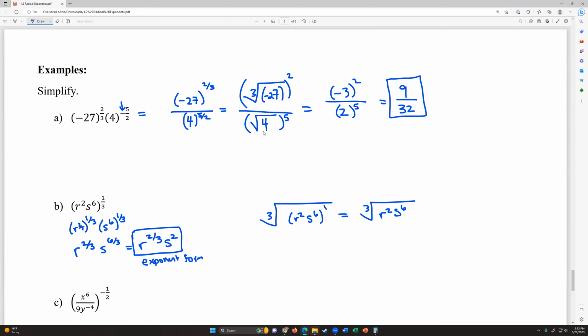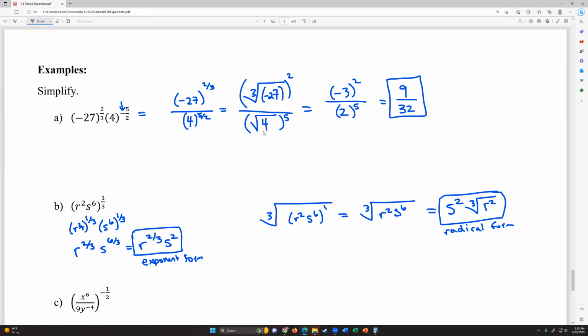We can't do anything with the r's because we don't even have a group of 3, but I have 2 groups of 3 in s to the 6th. So I'm going to pull out s to the 2nd for the 2 groups. No s is left over, but I do have the 2 r's still inside. So even though you don't see it, this is the same thing. S squared and s squared, 2/3 is really a cubed root of r squared. So this would be if you wanted to write your final answer in radical form.